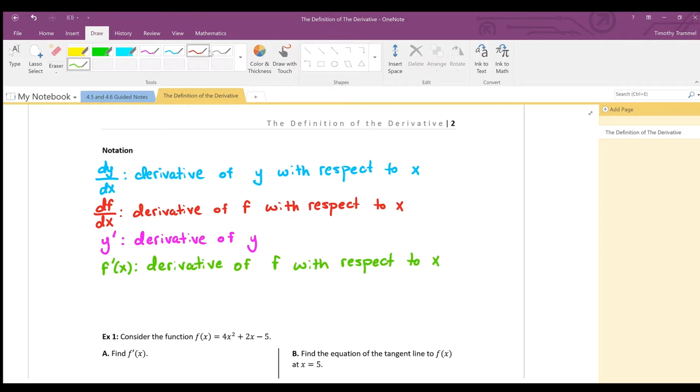And I'm going to put down two more of these here. These other two aren't used quite as frequently, but you could actually see y dot at the top like that, and this is just the derivative of y.